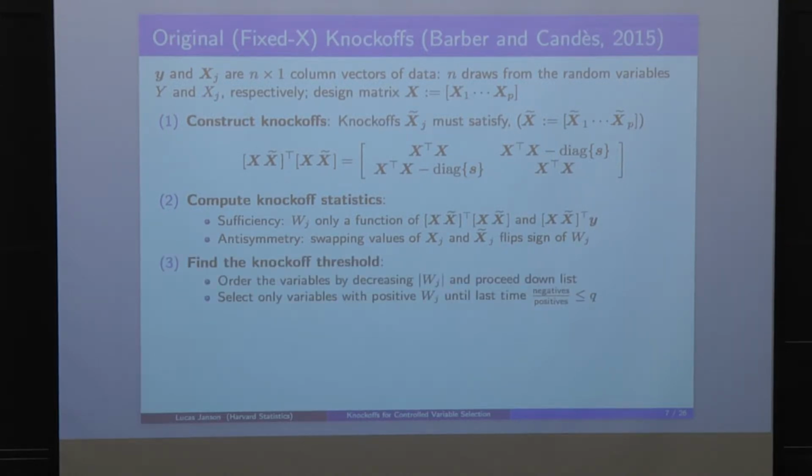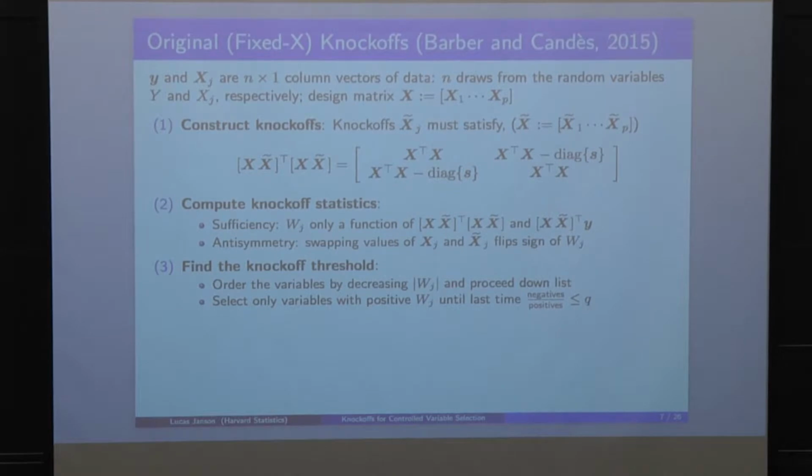And then finally, in this third step, you take these wj's, these knockoff statistics, and you put them into what in statistics we usually call a step-down procedure. That, of course, would apply to p-values, and this is applying to non-p-values. The w can be positive and negative. They're certainly not p-values. But you put them into this step-down procedure, and by that I mean I'm going to order them by decreasing absolute value.